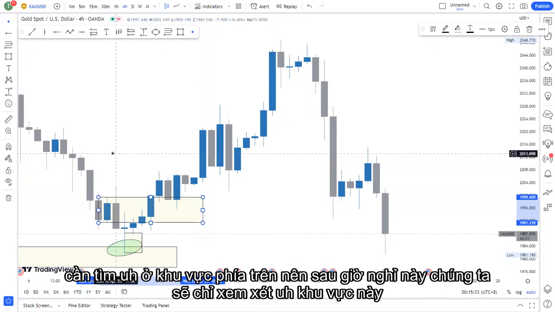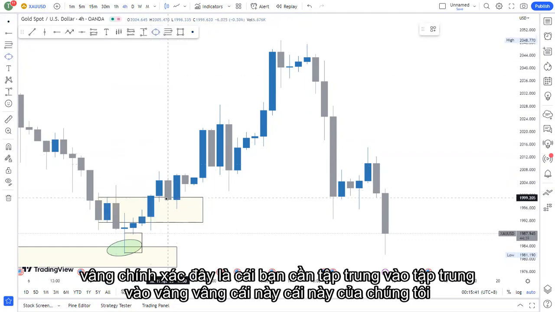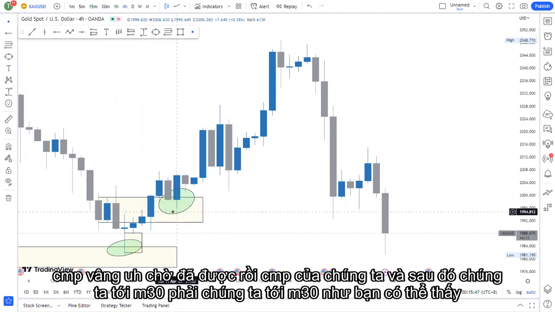In the upper zone. So after this breaks, we will look at this zone only. Is that correct? Yeah, exactly. This is the one that you need to focus on, our CMP.